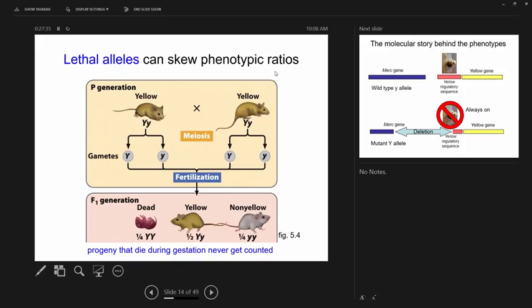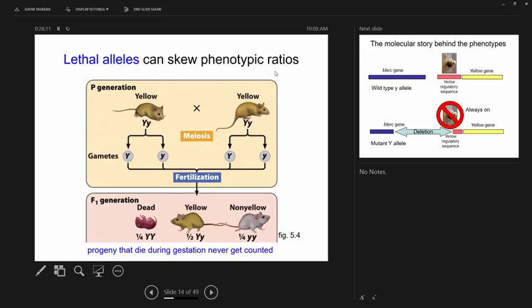The reason why this occurs, they eventually discovered when scientists ran the numbers, is that even though the big Y allele codes for yellow, so yellow is dominant over non-yellow, having two big Ys is lethal, meaning that you die embryonically. You never go beyond this stage of development, and they may not even be born dead. They may be reabsorbed by the time the rest of the litter is born.